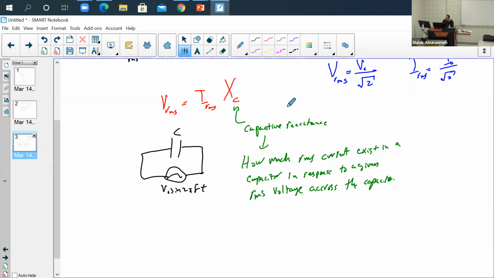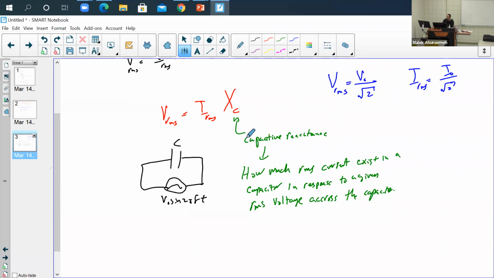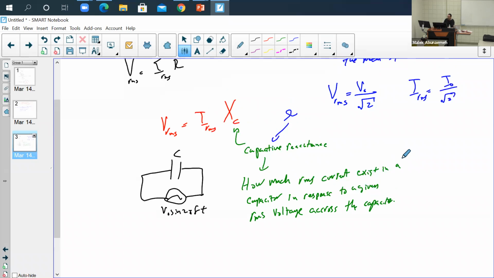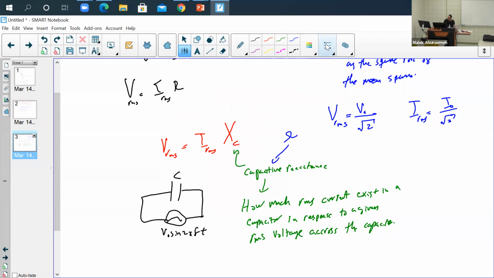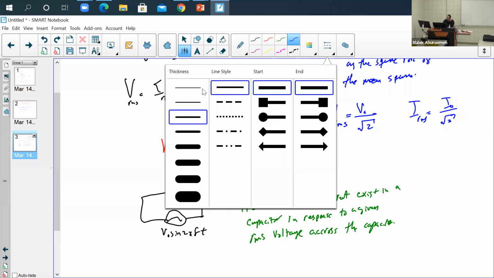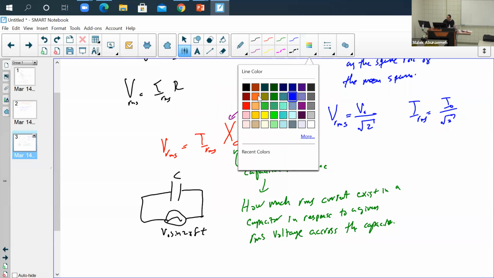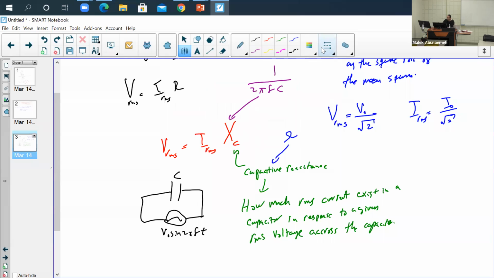Now, the capacitive reactance is going to be in ohms, like the resistance. Your capacitive reactance is going to equal 1 over 2 pi f C. F is your frequency, and it's going to be in hertz, like we saw earlier in the semester.